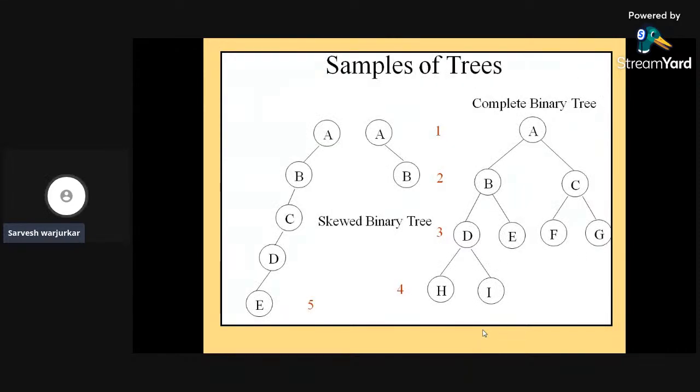This is the sample tree which we are very interested in. Skewed binary tree is one type of binary tree. As we have just seen in the definition, a binary tree does not have more than 2 children, at most 2. It may be 0, it may be 1, it may be 2.